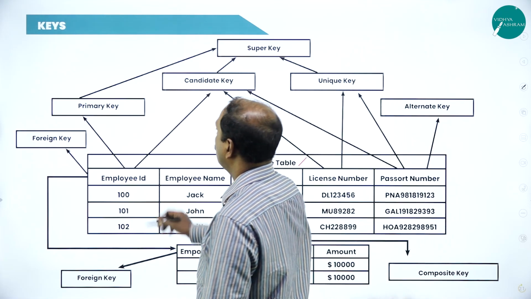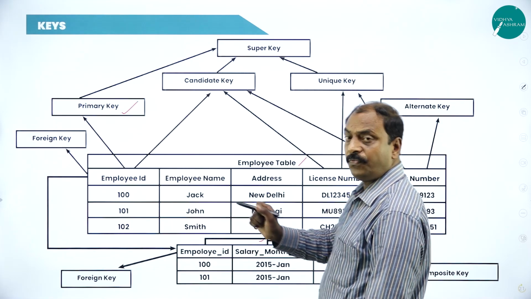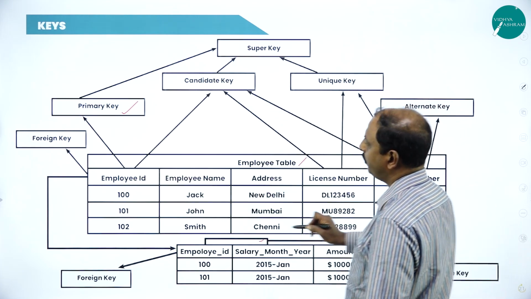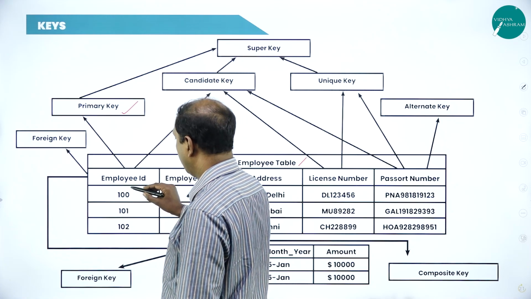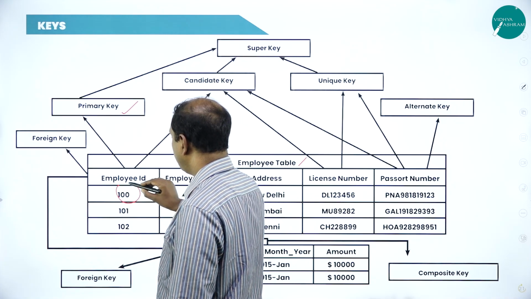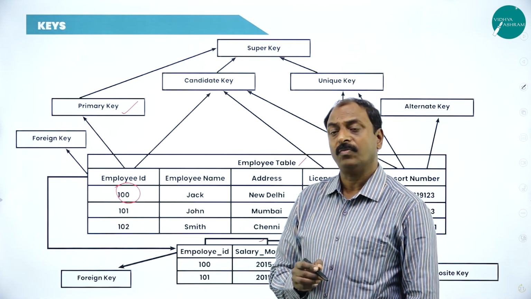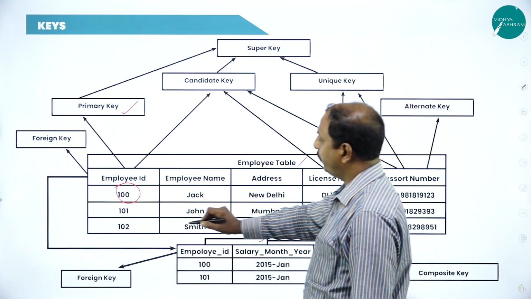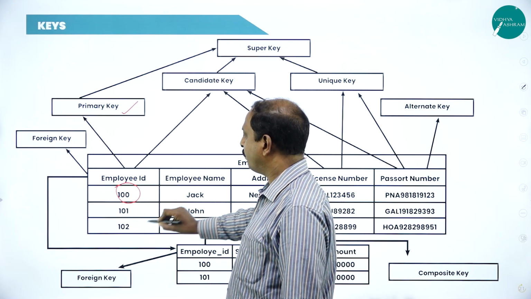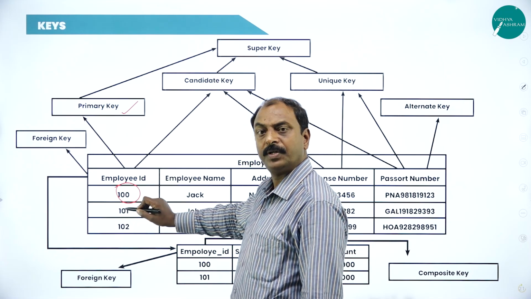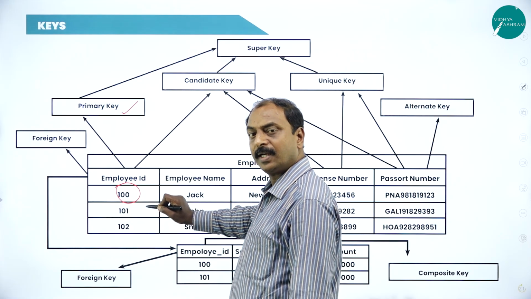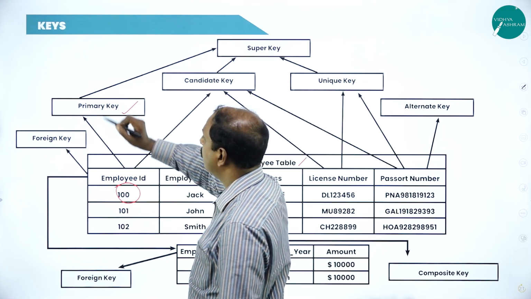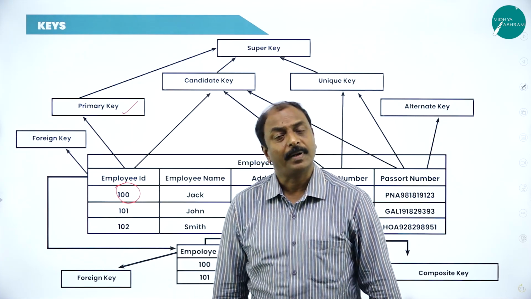Now let us see, what is a primary key? If you observe the table here, this table is built based on the employee ID. So this employee ID is a unique value. This table is built on one column, that is employee ID. It is unique among different employees in a company. So this is called the primary key. So what is a primary key?